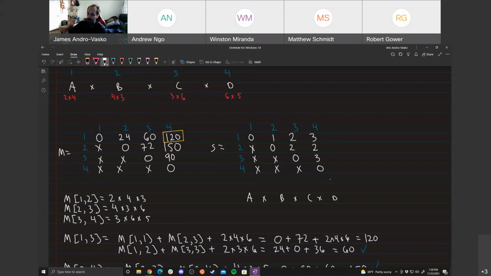So the whole entire answer from m1, 4, we actually broke it like this initially. So that 3 means we chose this as our cutoff point. And to compute m1, 3, we chose 2 as our cutoff point.